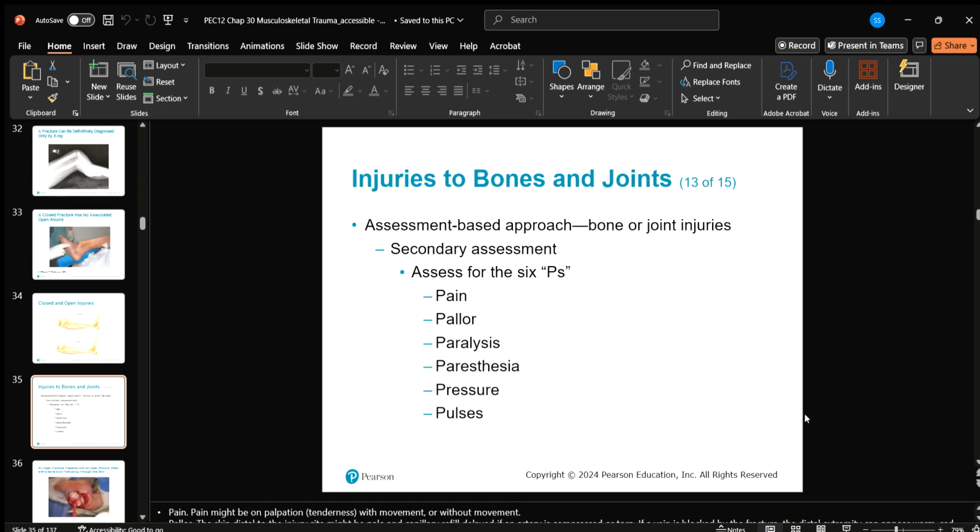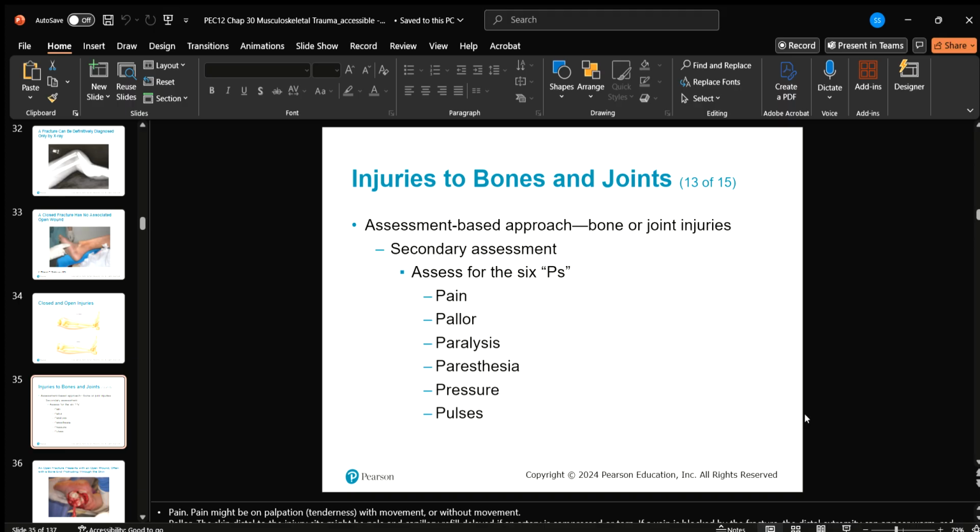All right, 6 P's. Definitely know these. Pain, pallor, paralysis, paresthesia, pressure, and pulses. So what does pallor mean again? That's something that people tend to forget. Think pale. That's the whiteness. Is the skin going white?